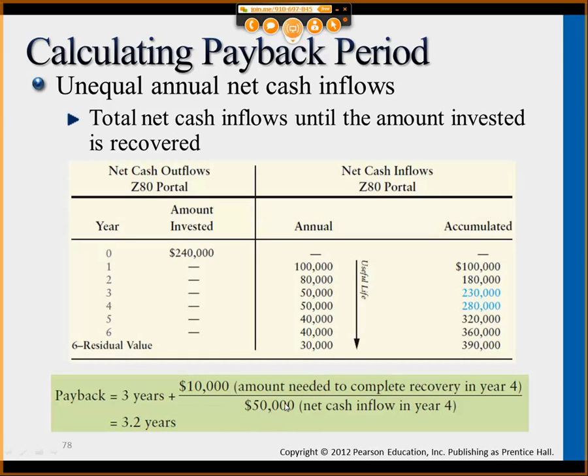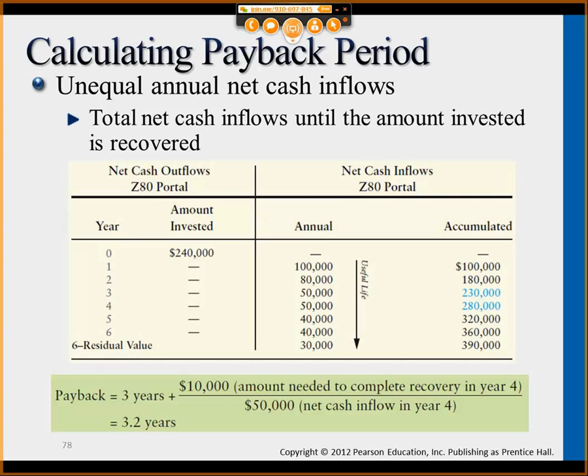Okay? So what did we do here? All of the cash that was flowing in, right? We were just putting aside for that investment, trying to equate it to the investment that we initially invested. So we had an inflow of 100, of 80, of 50. Okay, great, we're very close, but we're still missing 10,000.